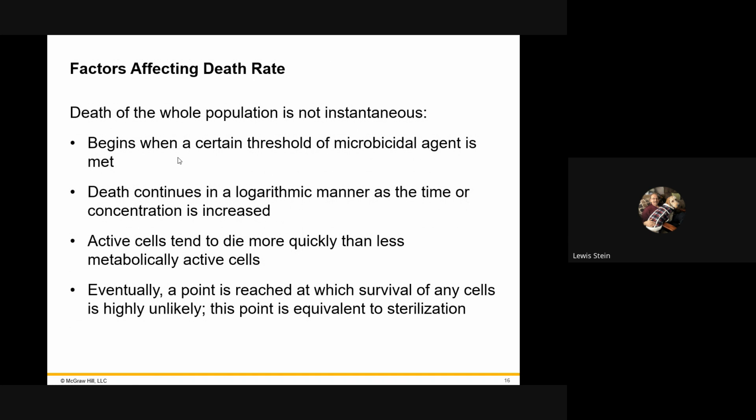They figured out that if you started with, say, a trillion organisms, every minute under a certain method you'd kill 90% of the population, so you reduce it by a factor of 10. They figured out how long it would take to get rid of all of them.